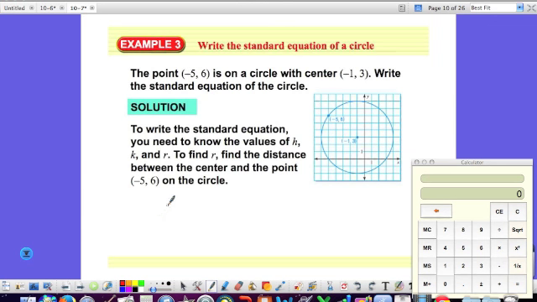So x, the center is negative 1, 3. So x plus 1 squared plus y minus 3 squared is equal to the radius squared, and the radius squared was 25.